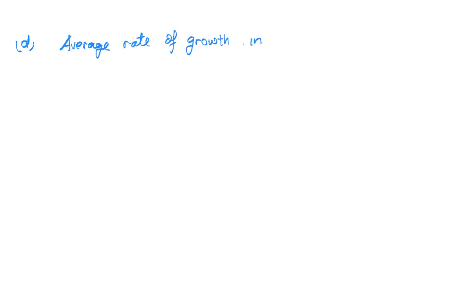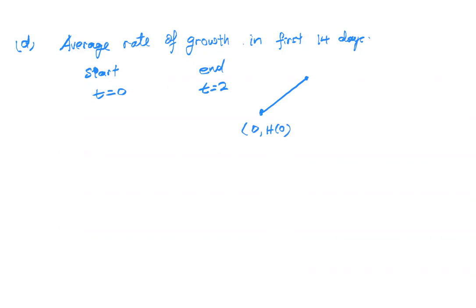In the first 14 days, that means start t equal to 0 and t equal to 2. So from this point, I join with a straight line. So I find the slope of this line. That is called average rate of change. Are you clear? So that is called average rate of change.